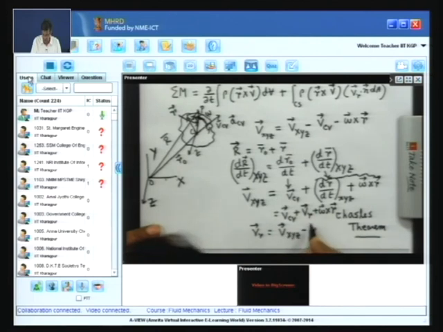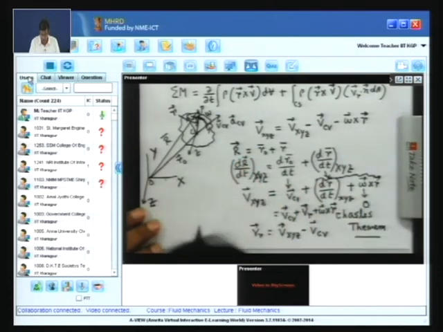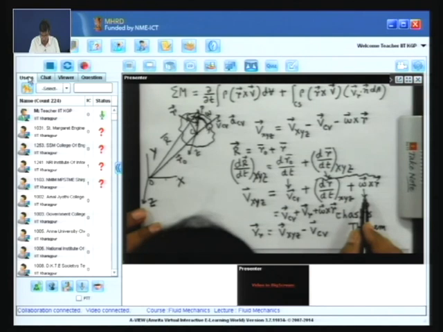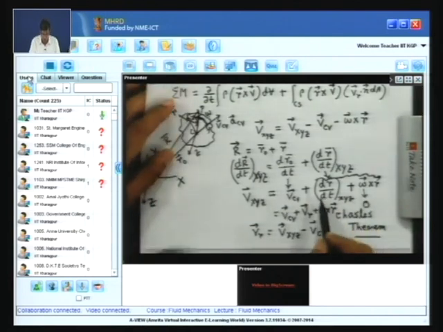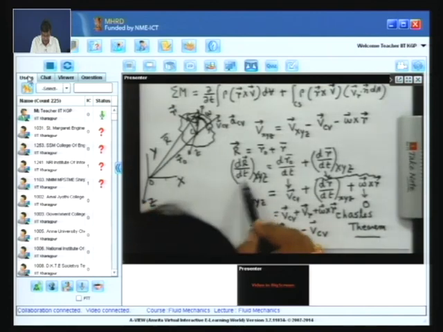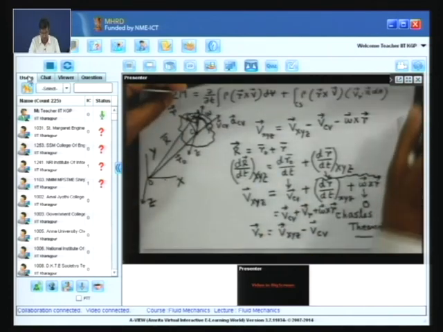This we used earlier in the conservation of linear momentum, where we considered that omega is 0. That means there is no rotational movement of the control volume. But here there is a rotational movement of the control volume. Now with this, one can write, by taking a second derivative, the acceleration in a similar way.